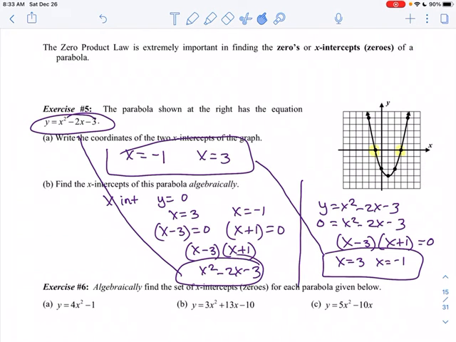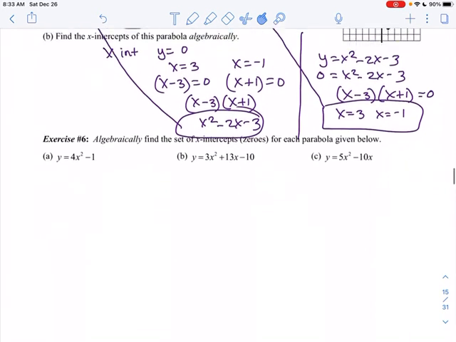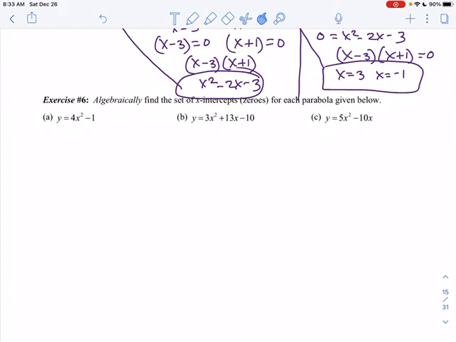All right, so how do I algebraically find the set of x-intercepts or zeros for each parabola? You are going to plug in 0. Okay, the x-intercept is when y equals 0. So I'm going to plug in 0 for y, and I'm going to do what I've been doing all along, which is factor. This is the difference of two perfect squares.